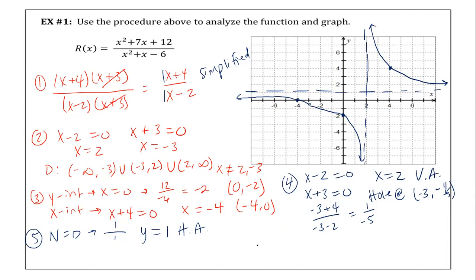That's all the rest is asking you to do. For 6 through 8, you can just sketch out and figure everything else out. I plugged 4 into the simplified.